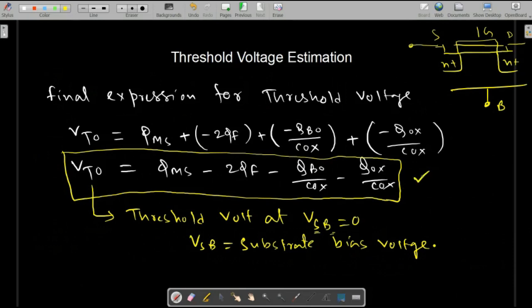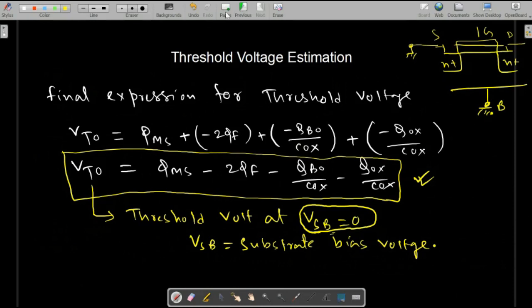So this expression is valid only when VSB equal to 0. That means source and body, they are at same potential. So VSB means substrate bias voltage or body bias voltage. Generally the source is grounded, so body is also grounded. They are at same potential. Okay. But when VSB is not 0, there will be some modification in the threshold voltage.